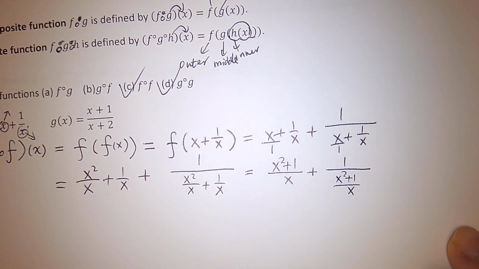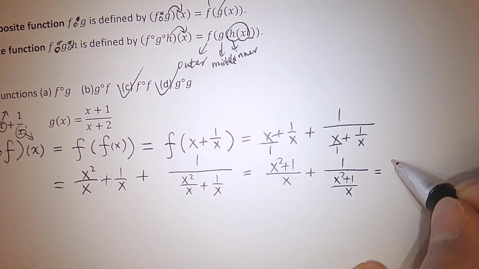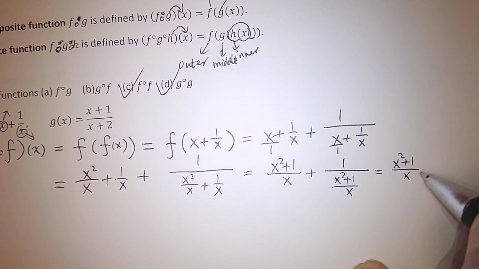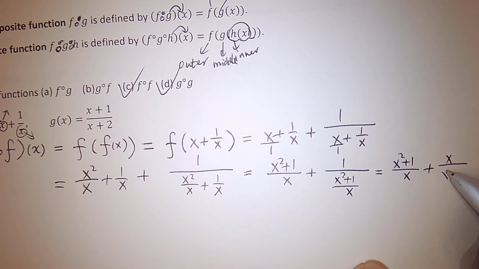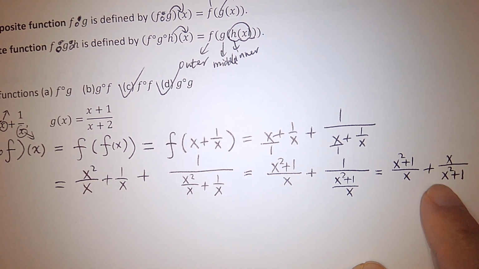But since it's a reciprocal, you can just flip it, okay? So we're going to do one more step: (x squared plus 1) over x, plus x over (x squared plus 1). Well, you may keep on doing that to combine these two terms, or you may choose to leave this answer here.